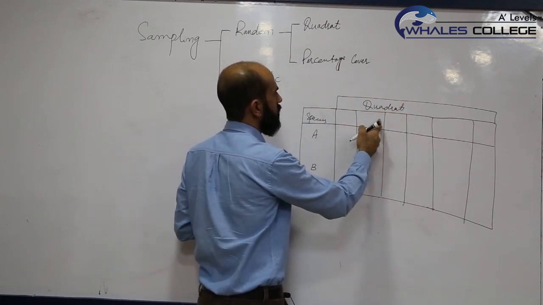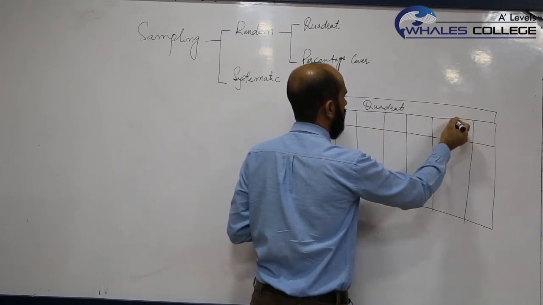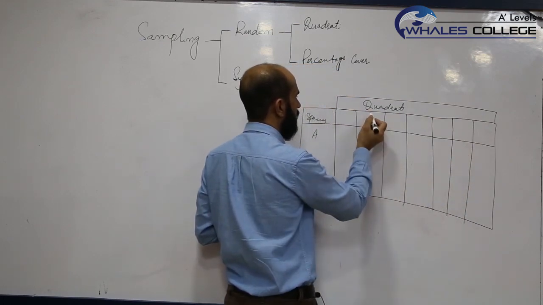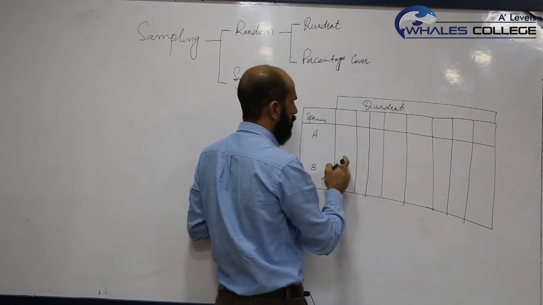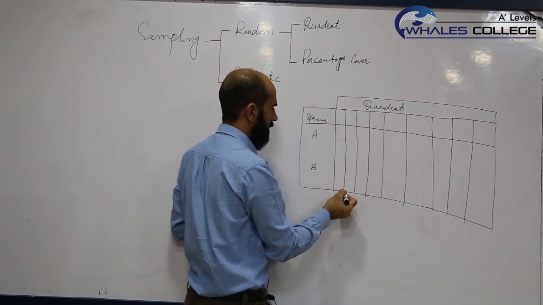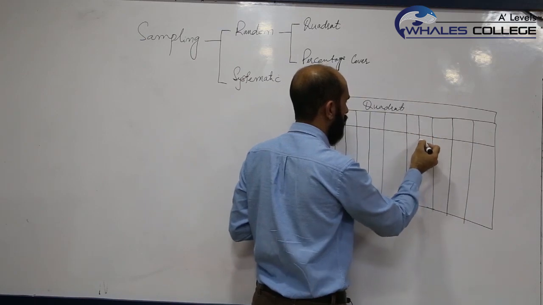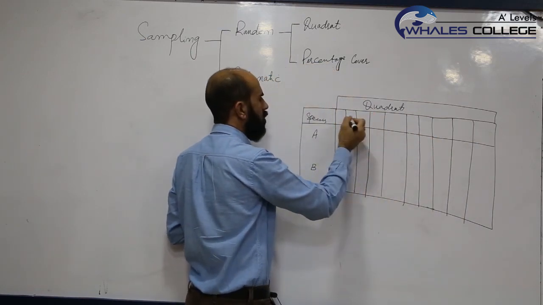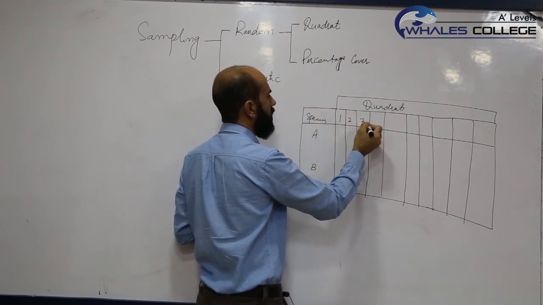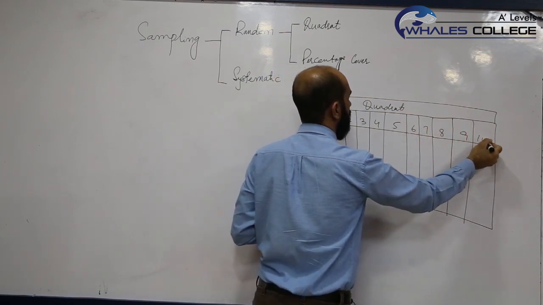So 1, 2, 3, 4, 5, 6, and let's make them more. 7, 8, 9, and yes, we make one more, 10. So this is quadrate 1, quadrate 2, quadrate 3, quadrate 4, quadrate 5, 6, 7, 8, 9, 10.